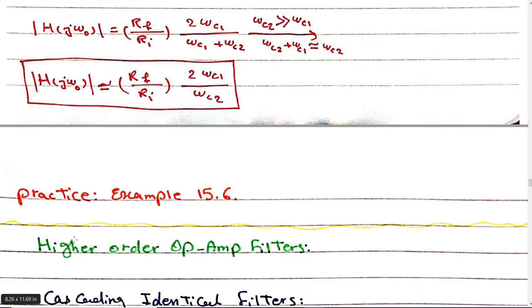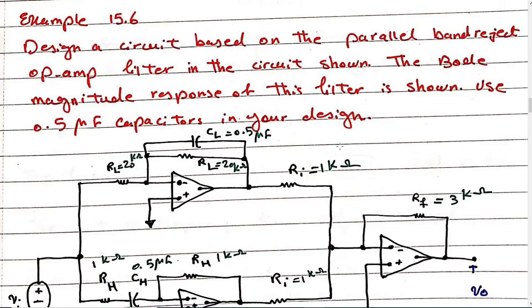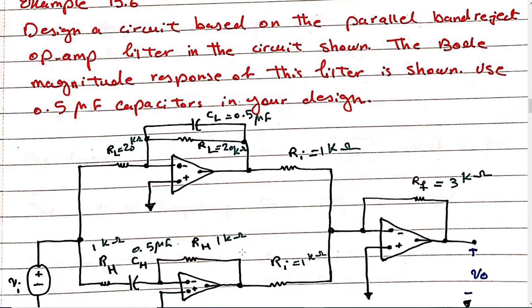Practice example 15.6. Let me go through the example. Design a circuit based on the parallel band reject op-amp filter in the circuit shown here. This is the circuit, and we have the Bode plot for this filter.